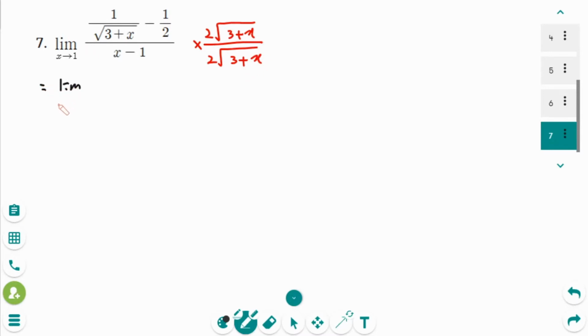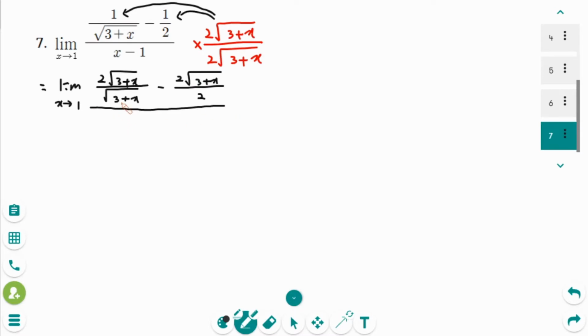So the limit as x approaches 1, and expand: 2 square root of 3 plus x over square root of 3 plus x minus 2 square root of 3 plus x over 2 over, don't expand the denominator part, x minus 1 times 2 times square root of 3 plus x.